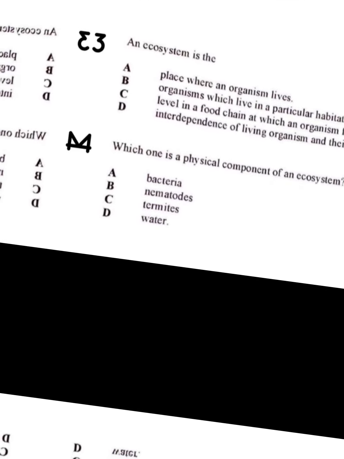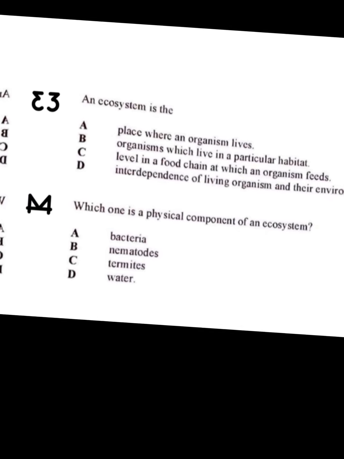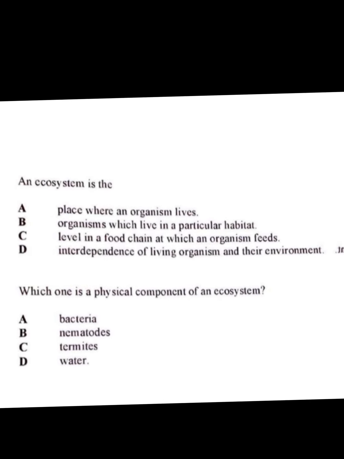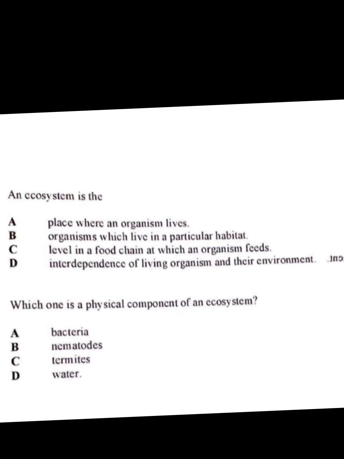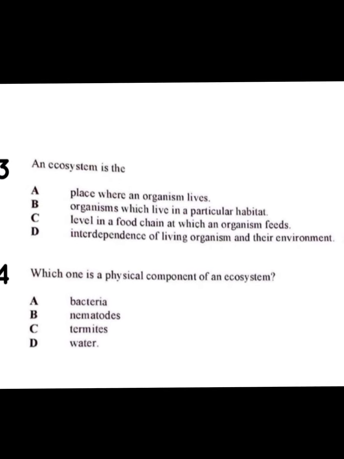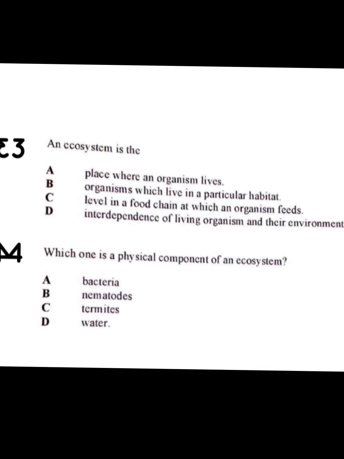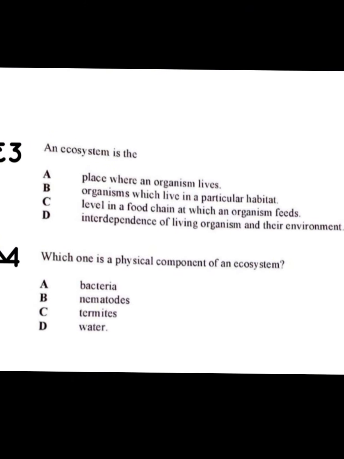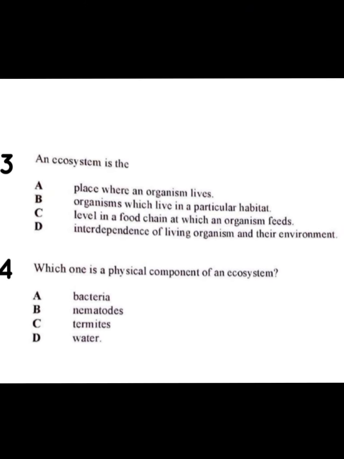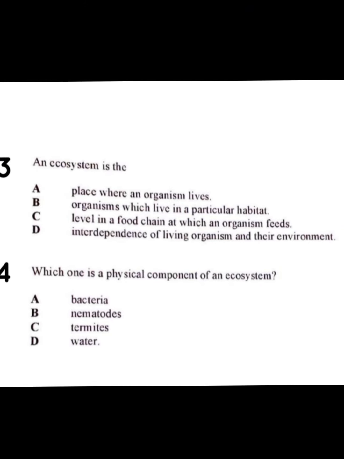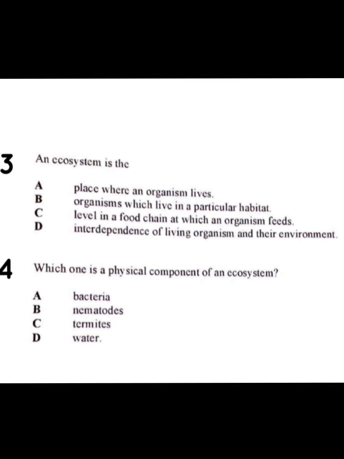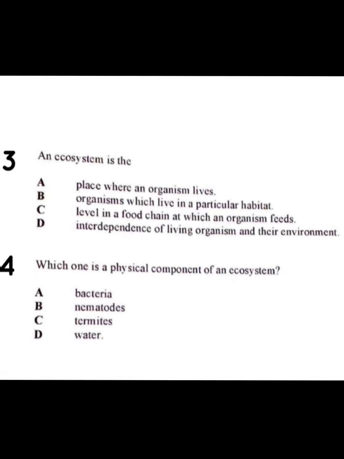So an ecosystem is the interdependence of living organisms and their environment. So it means that the correct answer is going to be D. So you need to be able to define what is an ecosystem. And then the next question is saying which one is a physical component of an ecosystem.